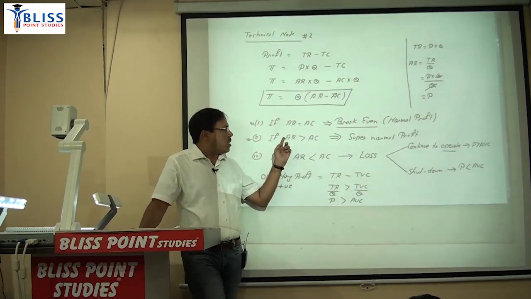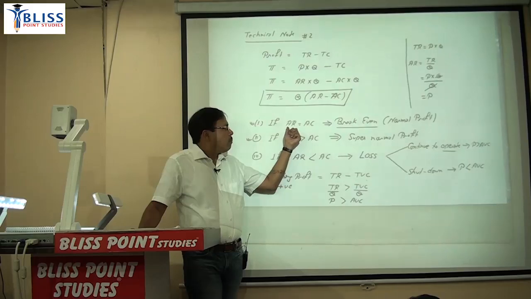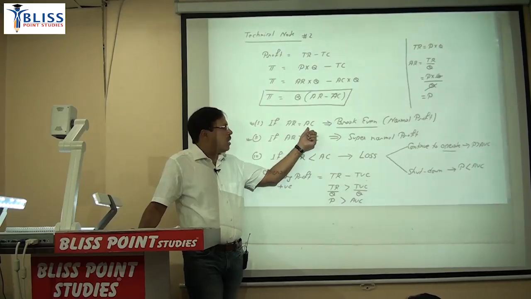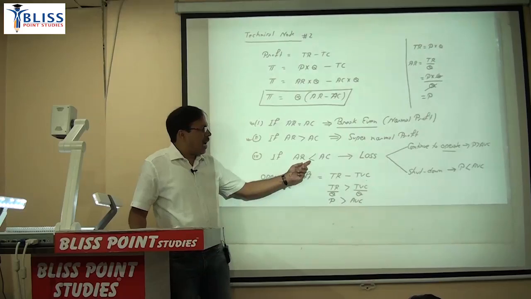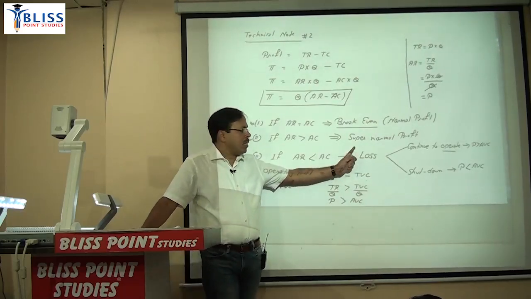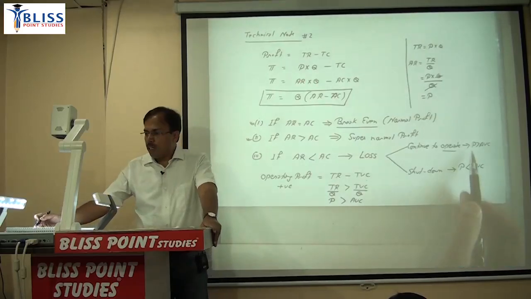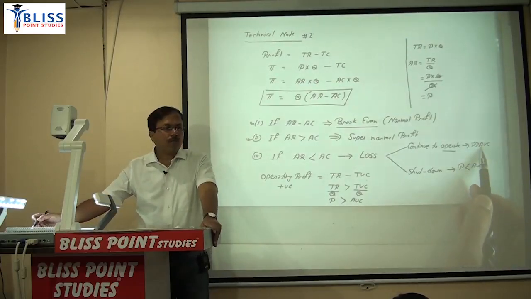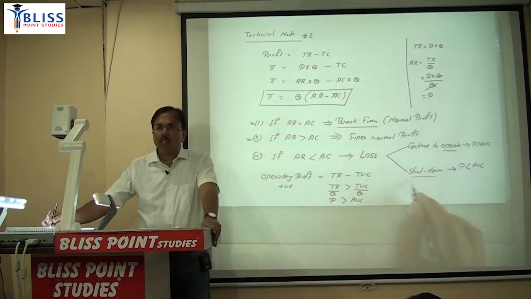So if price is greater than AC, then supernormal profit. Price equal to average cost, then normal profit. Price less than average cost, then loss. So within loss there are two possibilities. So when firm operates, price should be greater than AVC, but if price is less than AVC, then firm will shut down.